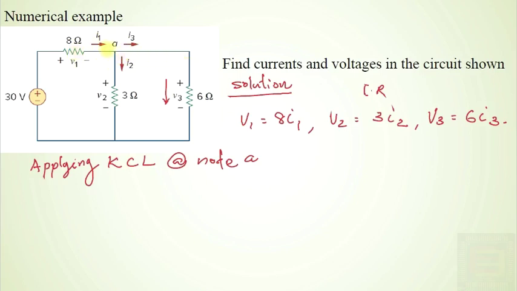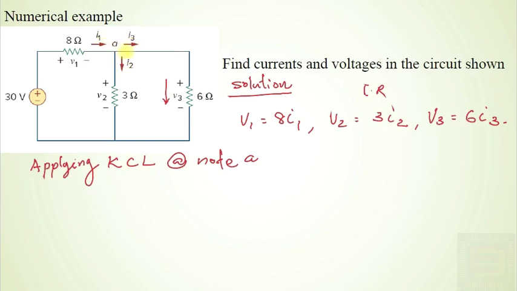Now if you apply Kirchhoff's current law, we are assigning positive sign to the current coming into the node and negative sign for the currents flowing out of the node. So here I1 is flowing into the node, so it can be taken as positive, and the currents I3 and I2 are flowing out of the node, so they are taken as negative.